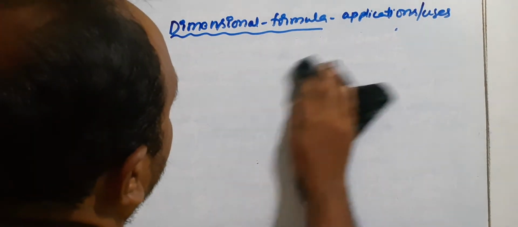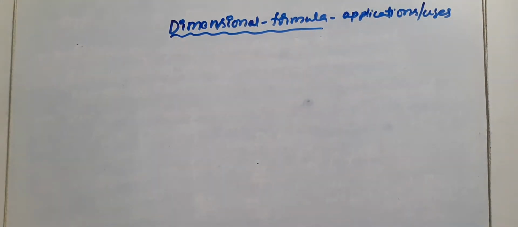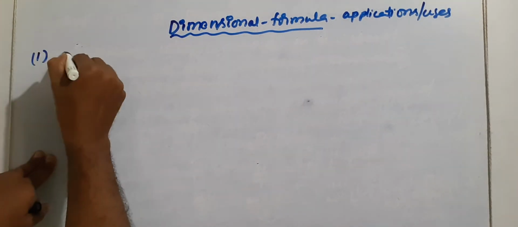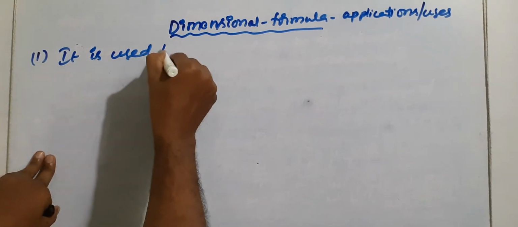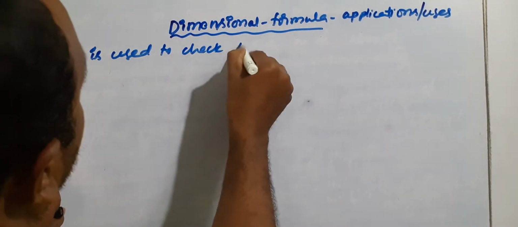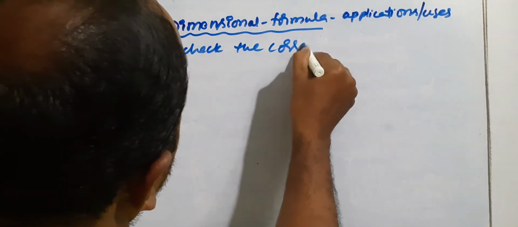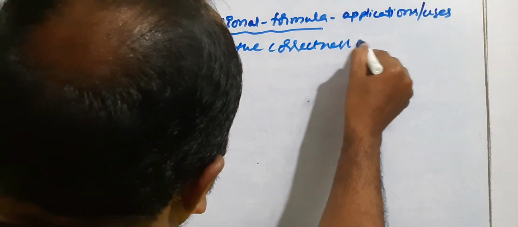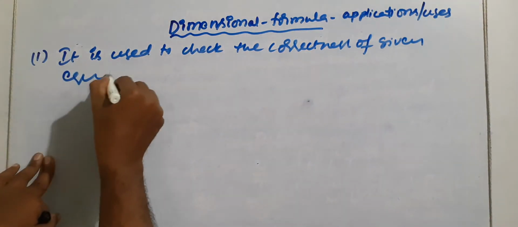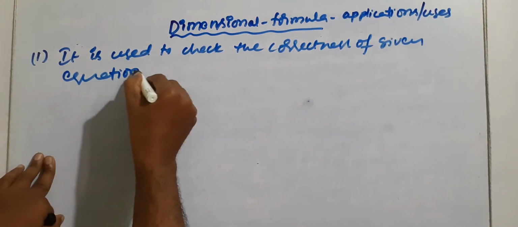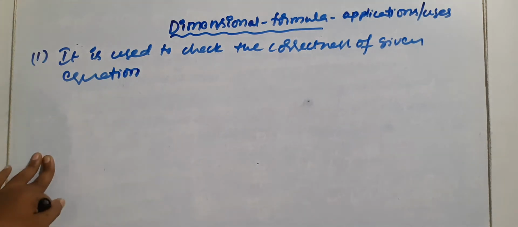So dimensional formula and dimensional analysis are used to check the correctness of a given equation in physics.